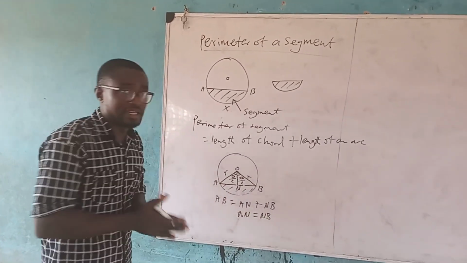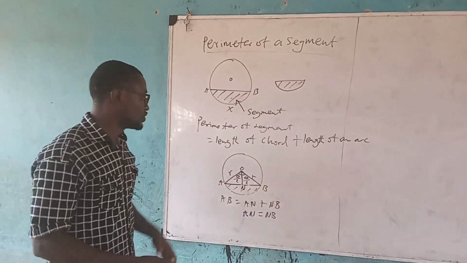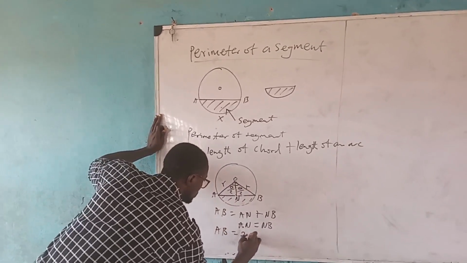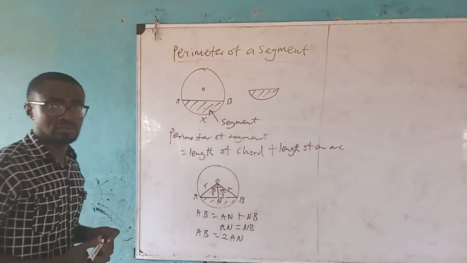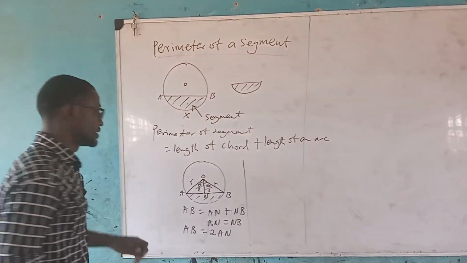If you sum them together, you get the full length of the chord. So I can as well say that AB is equal to 2 times AN. Now, let's proceed to how to derive this formula.